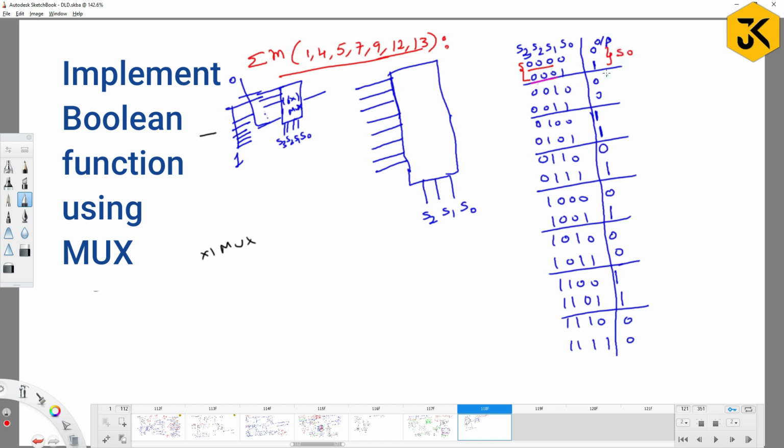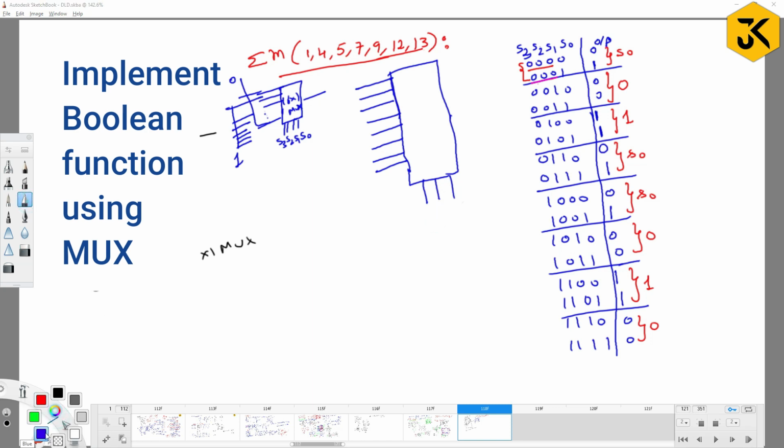Similarly here it will be simply 0, here simply 1, here S0, and here also S0, 0, 1, 0. Then, based on the way we solve, we can change the select lines.